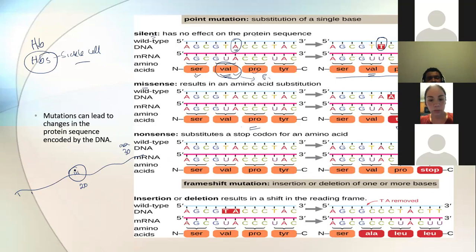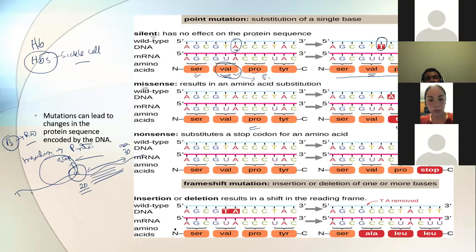If we have a mutation on codon number 20, and it is a stop codon after mutation, then the cell cannot read from 21 to 30. So we are going to lose all these amino acids, and as a result, instead of insulin, the cell is going to make some other, completely different protein. So in that case, instead of black hair, I could get red hair.